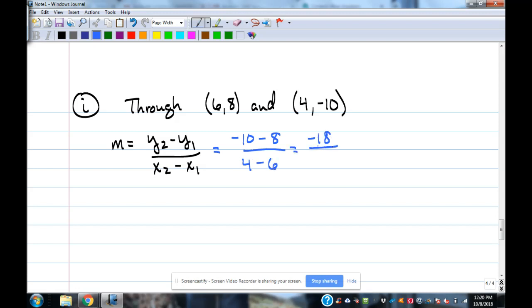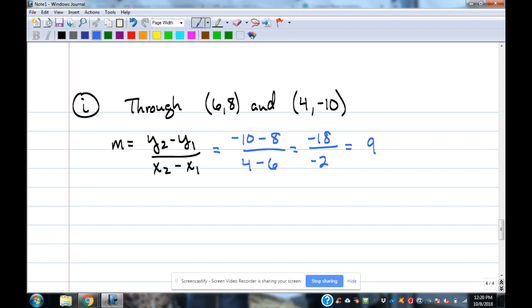Negative 18 over negative 2, which is how much? Positive or negative? Positive, because they're both negative. So it'd be positive 9 over 1 or just positive 9. I would just leave it just plain old 9. 9 over 1 is the same thing. Okay, so there's our slope.